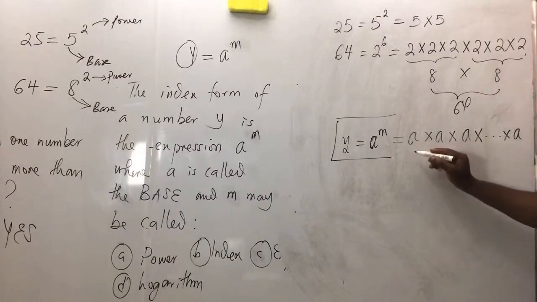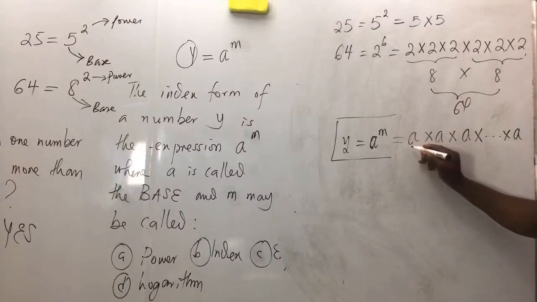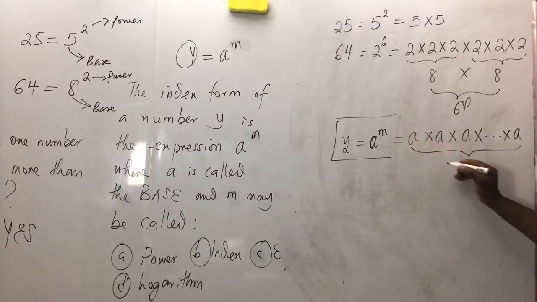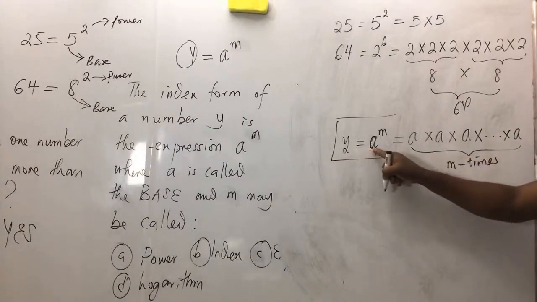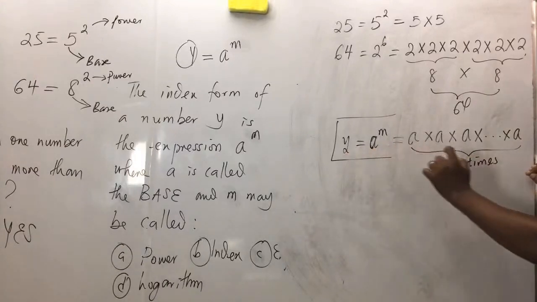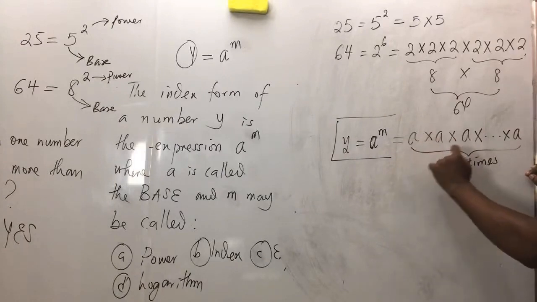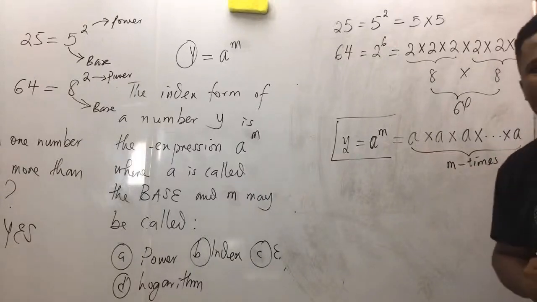To show that a is multiplying itself n number of times, I'm going to put underneath this n times. So y equals a raised to the power n simply means that the base a is multiplying itself n number of times. So please take note of this notation. It will help us in proving the laws of indices.